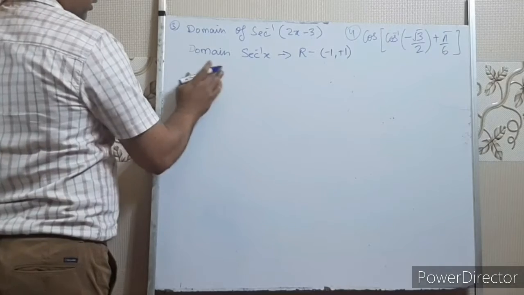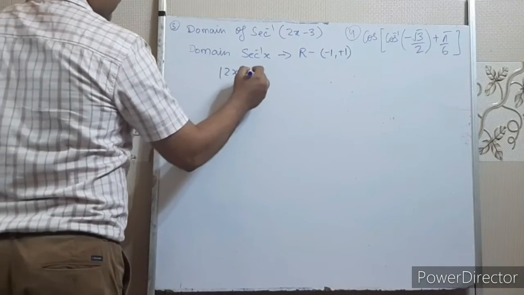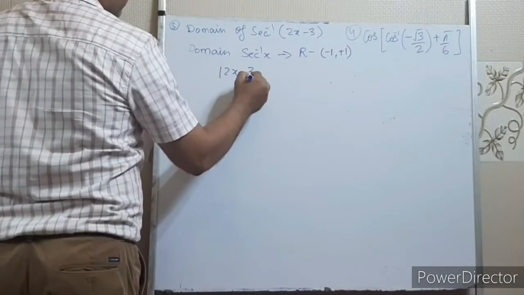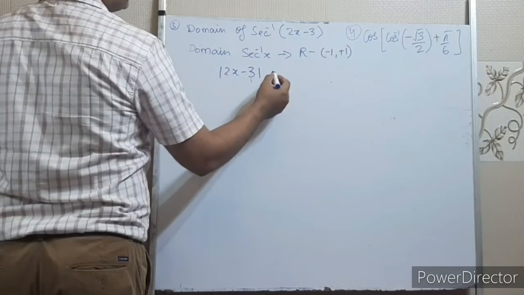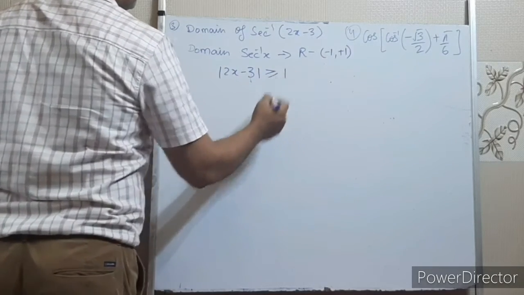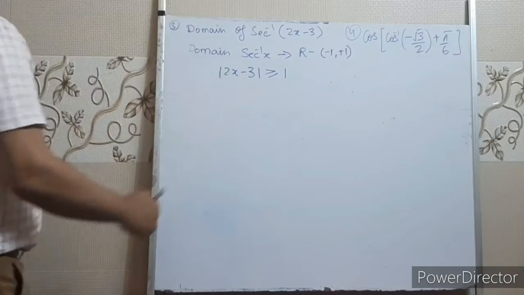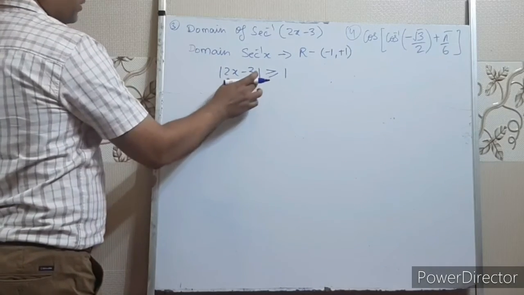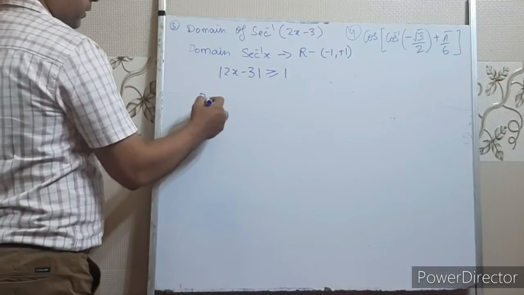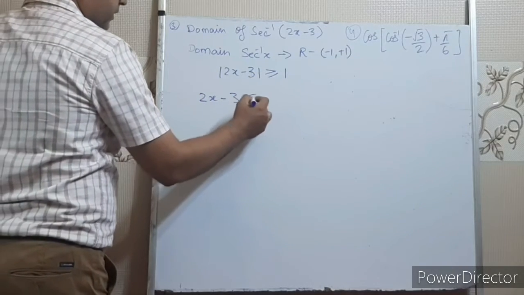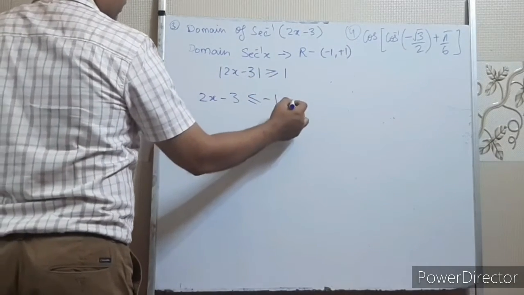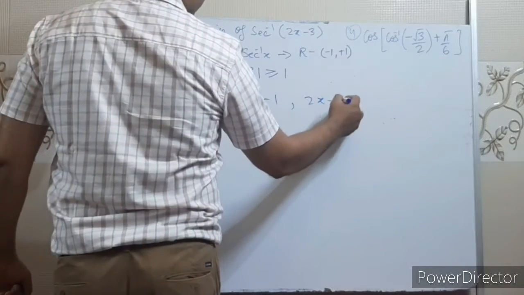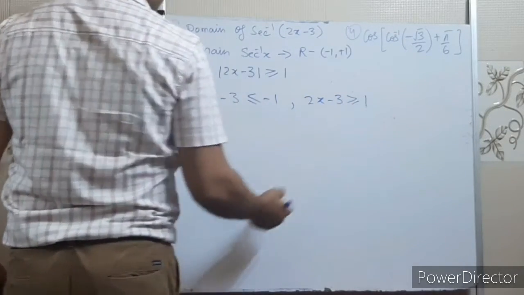That means mod of 2x minus 3 will always be greater than or equal to 1. So the value of 2x minus 3 could be positive, could be negative. When it is negative, 2x minus 3 will be less than or equal to -1. And when it is positive, 2x minus 3 will be greater than or equal to 1.